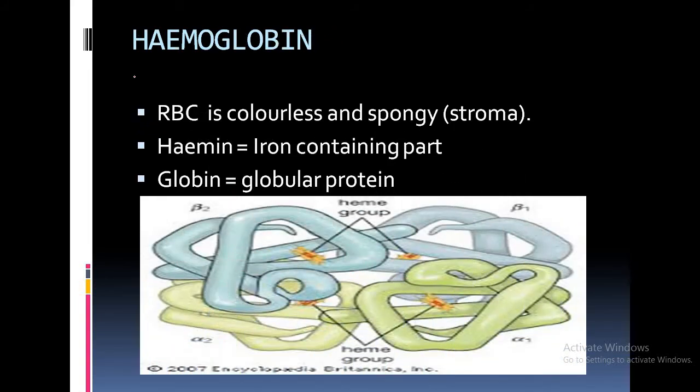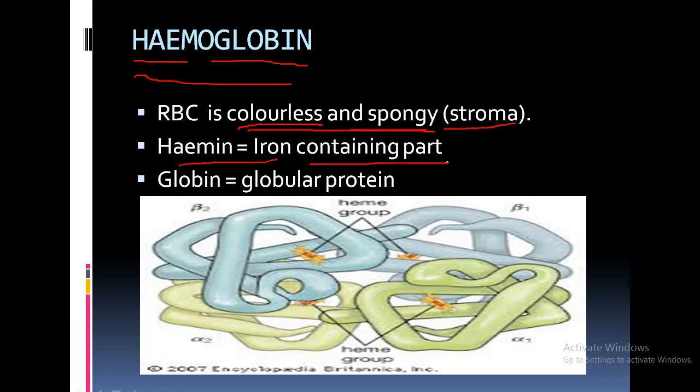Now a pigment is present in RBC and that pigment is known as hemoglobin. The term heme is taken from iron and globin is a protein. The RBC cell is colorless and spongy, and this colorless and spongy part of RBC is known as stroma, in which heme is the iron containing pigment part and globin is the globular protein.